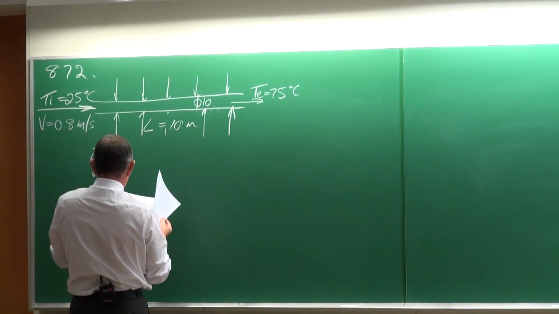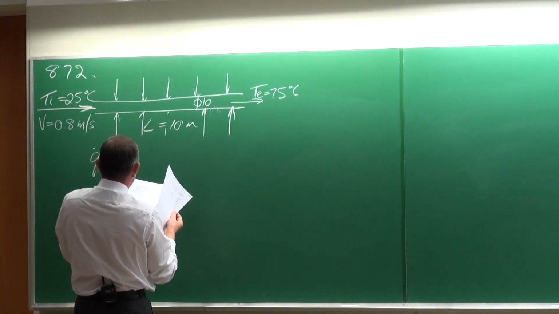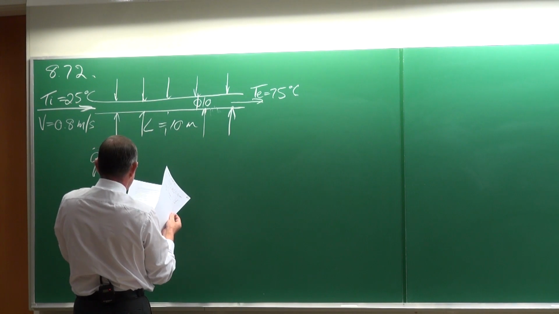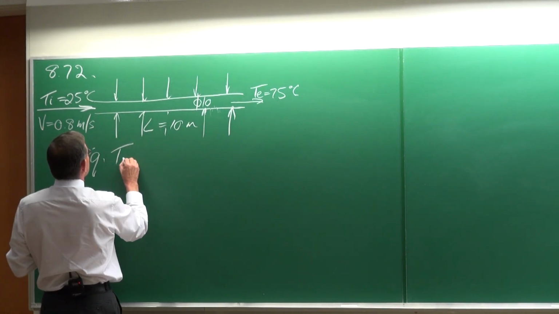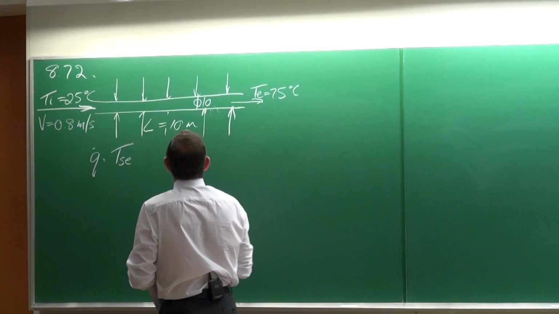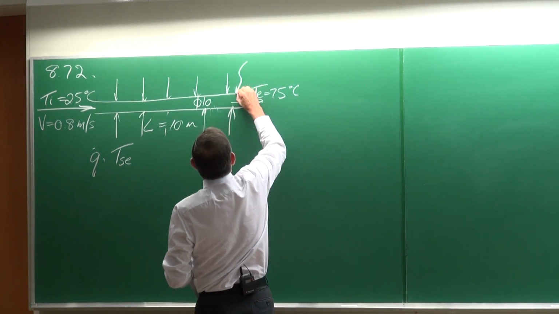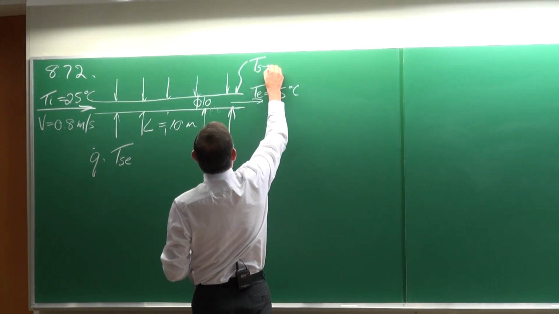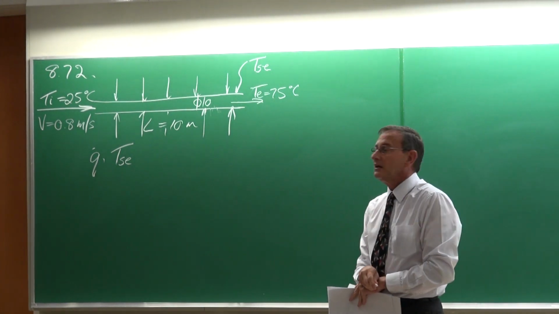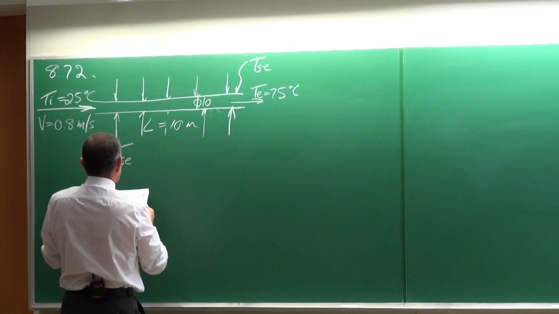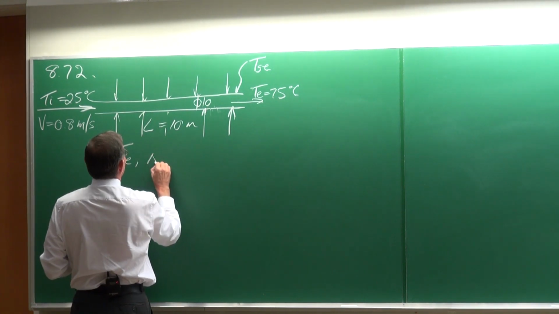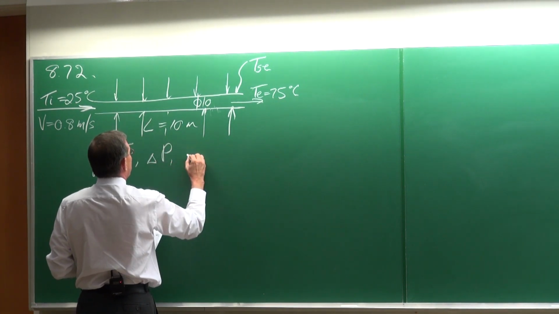as well as the surface temperature at the outlet. We're going to indicate it like that, T surface at the outlet, at the exit, as well as the pressure drop and the pump power.